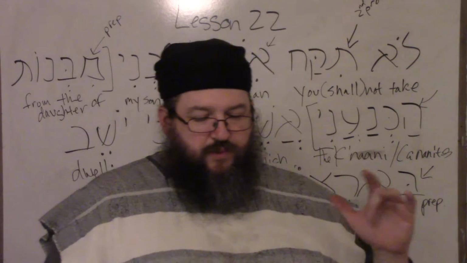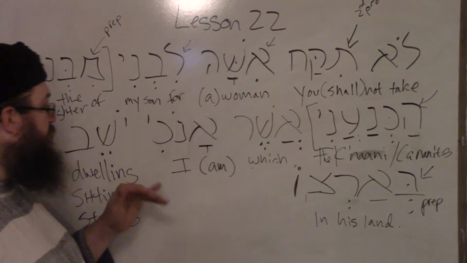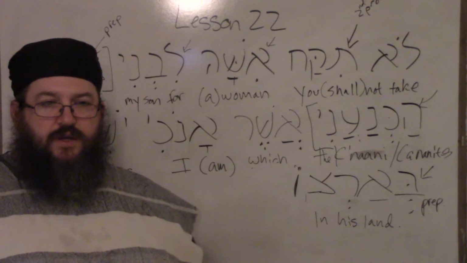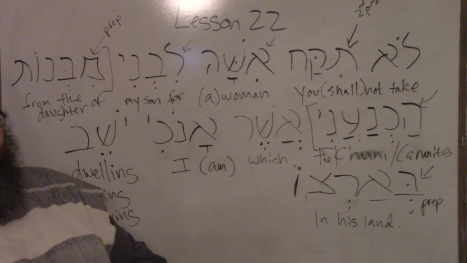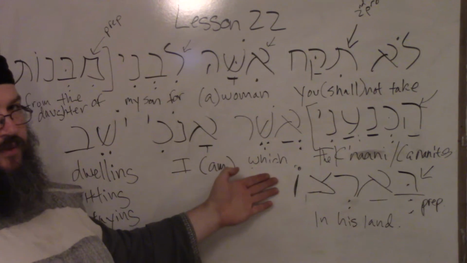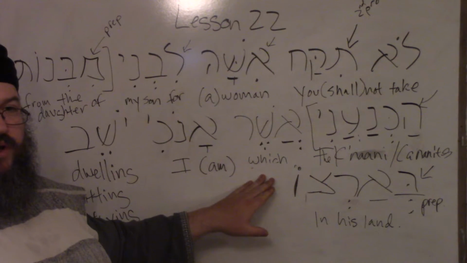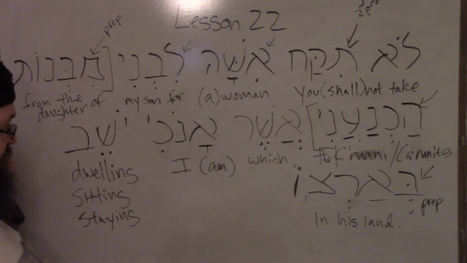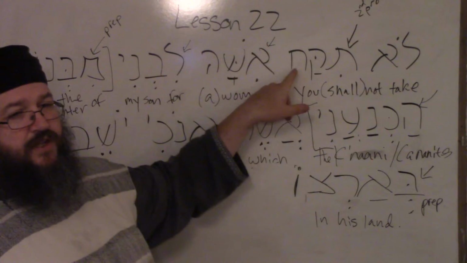So, one thing we need to understand with relationship to, for example, the relative pronoun. The relative pronoun has many different values to it. When we go through different sentences, we will see the different differentiations. This one, for example, can be used for that and that, as well as who, when it's used in front of a future tense, or when it's used in front of a past tense verb.